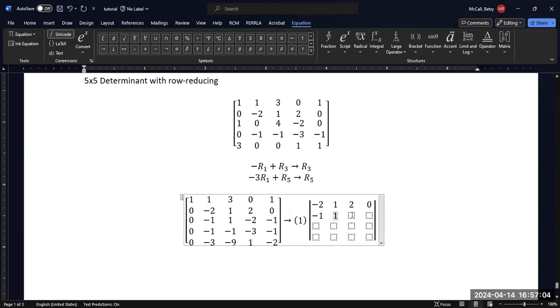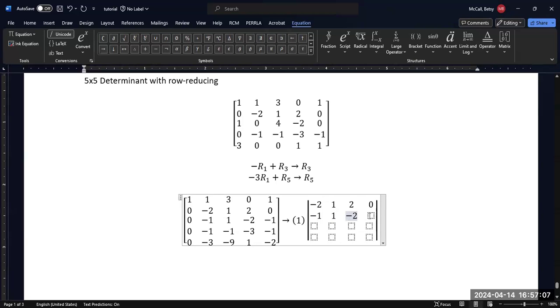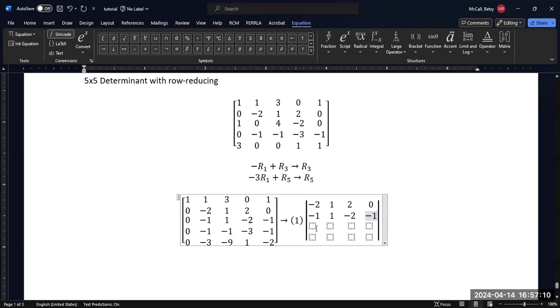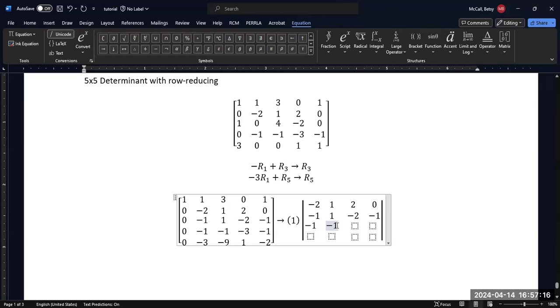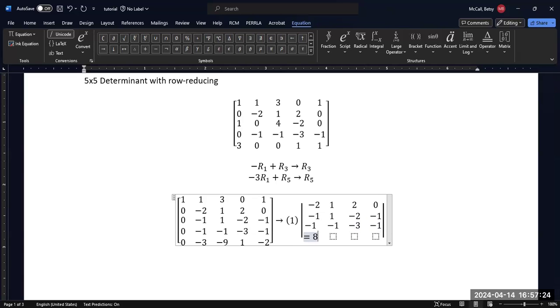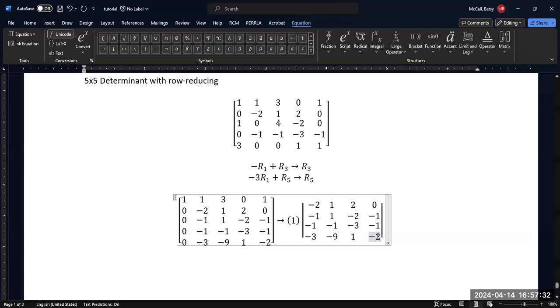So -1, 1, -2, -1, -1, -1, -3, -1, -3, -9, 1, and -2.